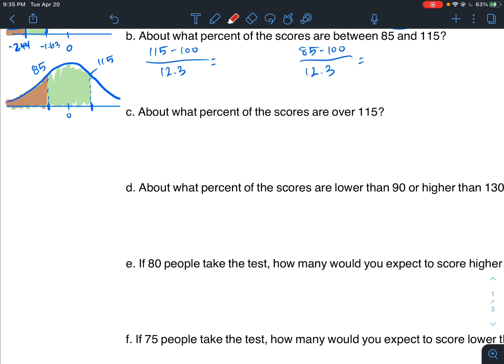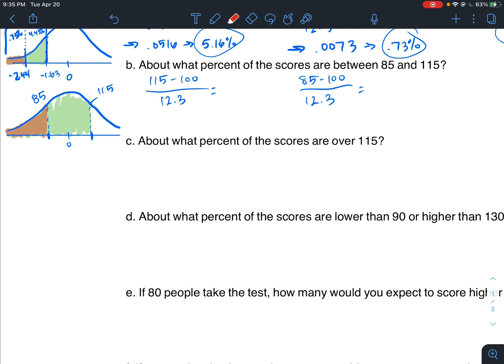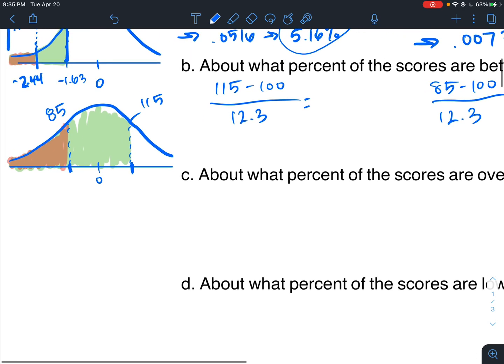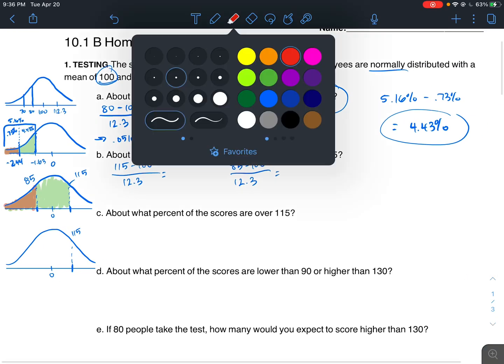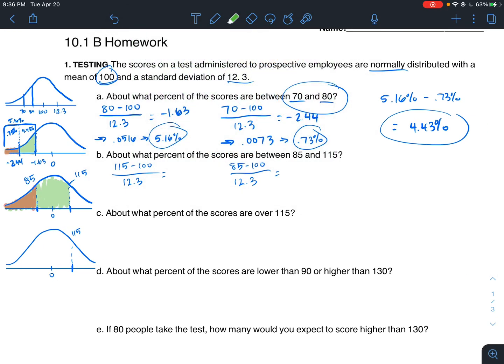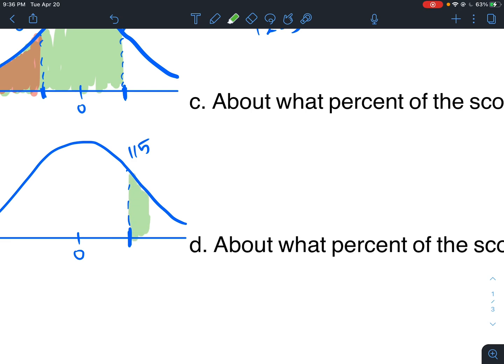Okay, now for this one, it's asking what percent of scores are over 115. This is one that I want to cover. So when it's asking for the percentage over, let's take our standard normal curve with a 0, and right here is the data for 115. We're going to find the z-score, but we're trying to find the percentage of scores over 115, so I'm trying to find this tail end right here.